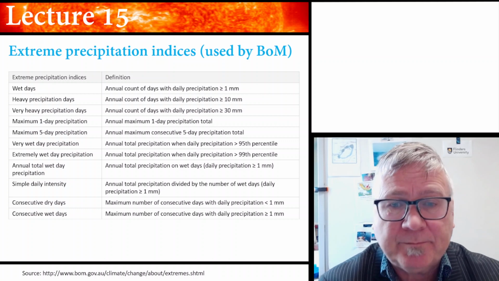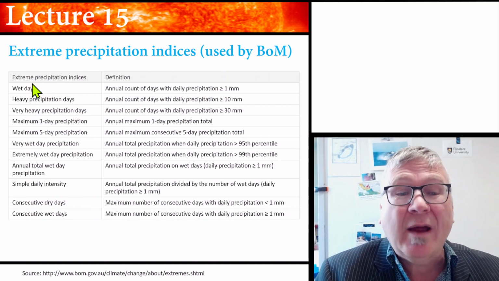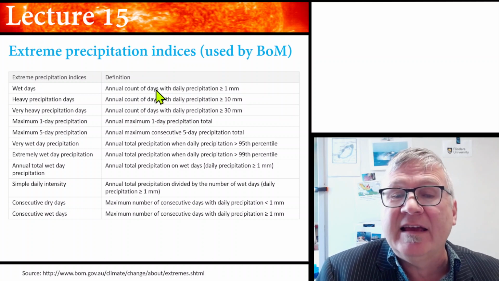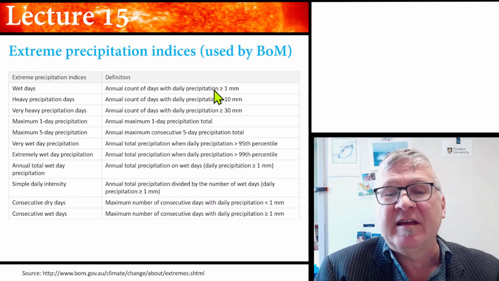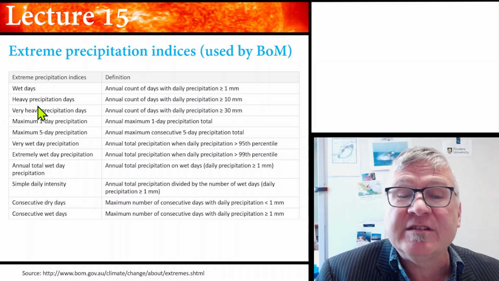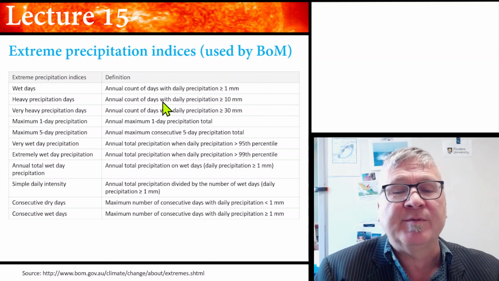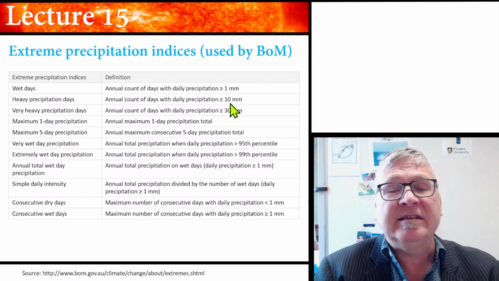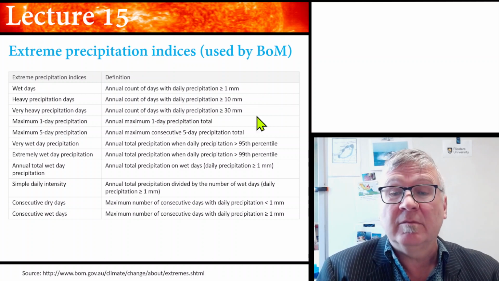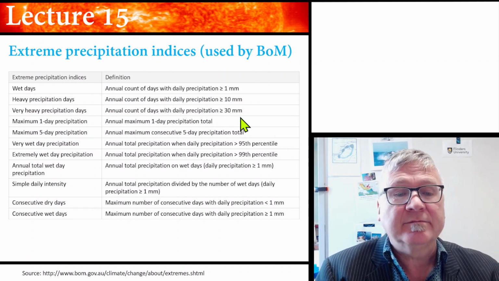For example, wet days are defined as an annual count of days with daily precipitation exceeding 1 millimeter. Heavy precipitation days are the annual count of days with daily precipitation exceeding 10 millimeters. Very heavy, 30 millimeters.